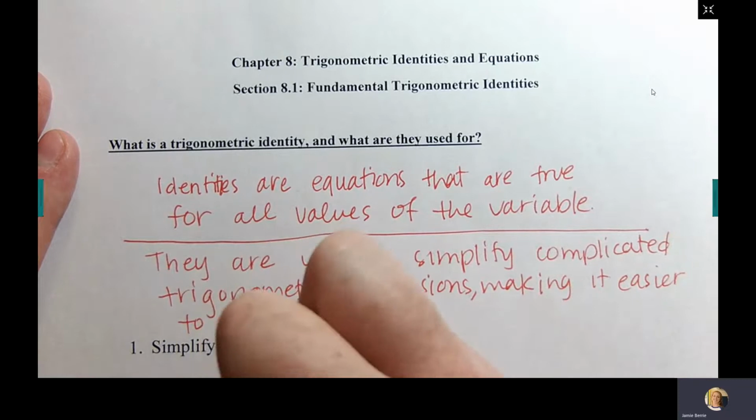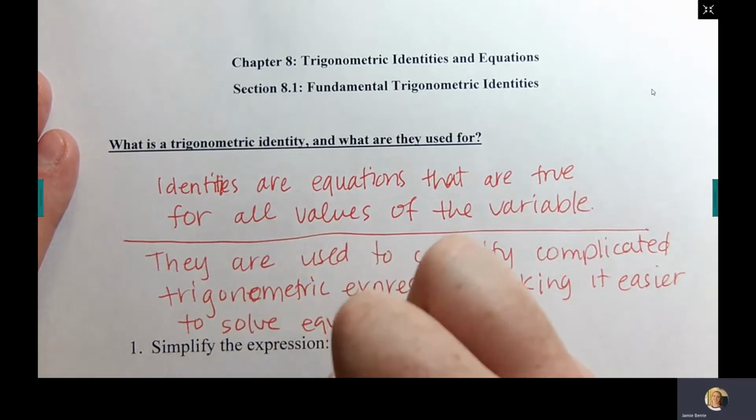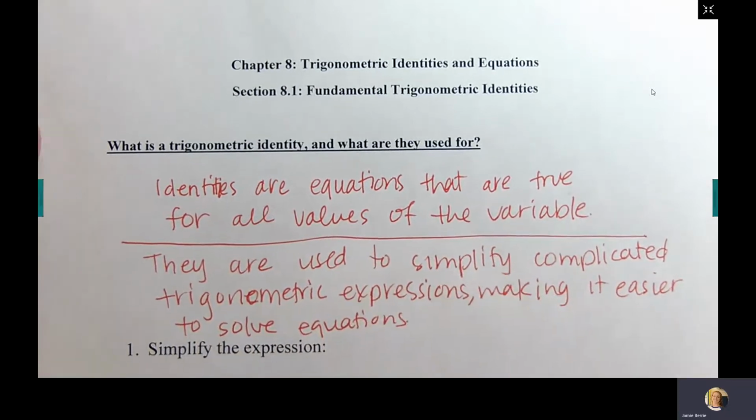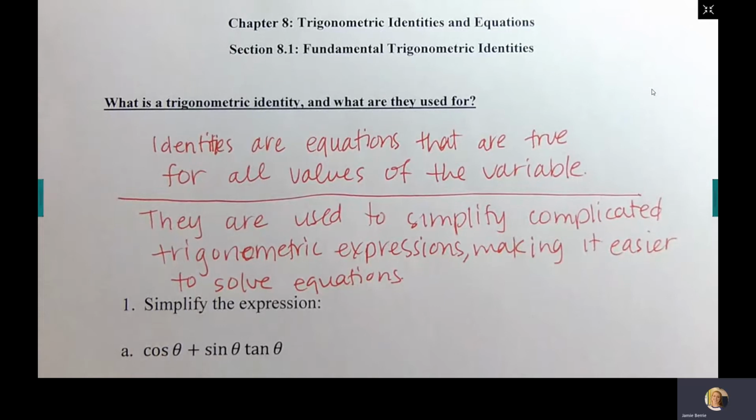All right, so we use trig identities to simplify complicated trig expressions, which makes it easier to solve equations. We'll talk about this whenever we get into section 8.4, which is where we'll start solving equations.